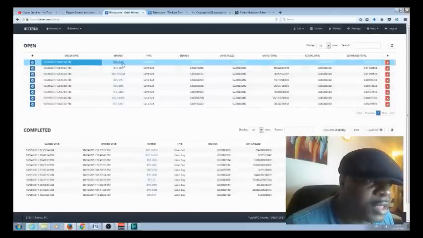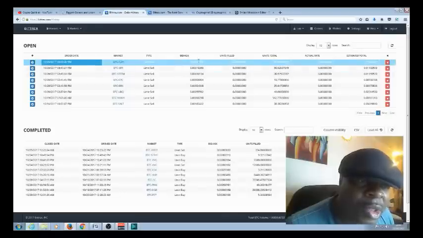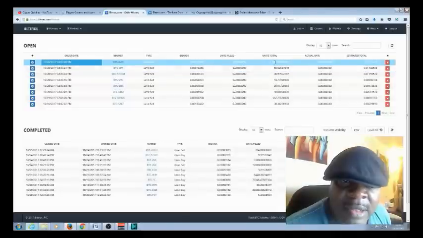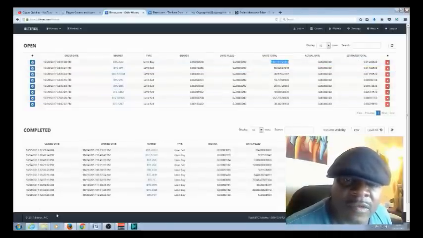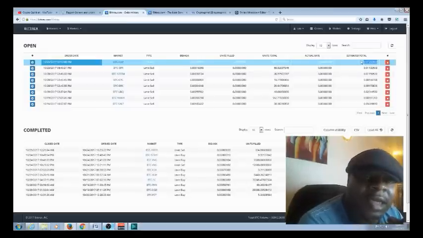So here it is, Bitcoin to Stellar Lumens, the parameters at 648. I'm leaving out all the zeros because I can't be bothered. This is how many Stellar Lumens you get for the amount that you're paying, and this is how much I am paying for it. So there it is.